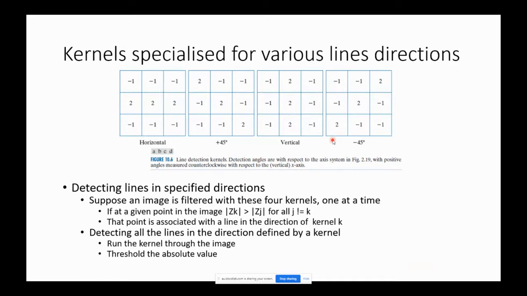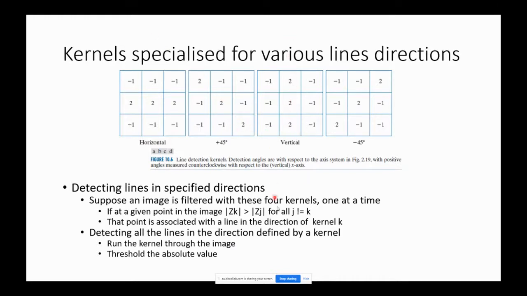So I can also use kernels that are specialized for various line directions, right? I have this kernel here that's basically a detector of horizontal lines. So it's going to have a sharper result when I have a horizontal line. This kernel here will find lines that are 45 degrees.